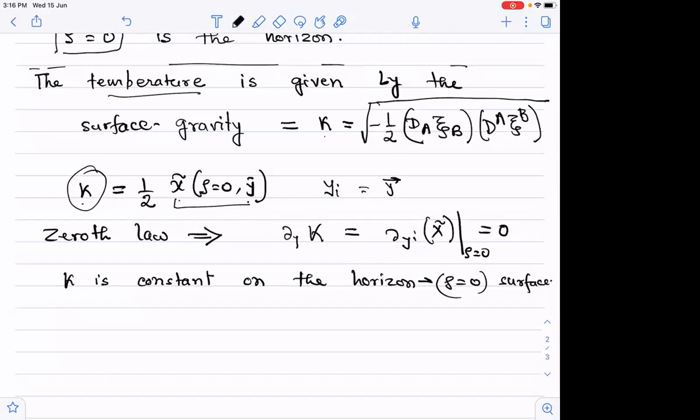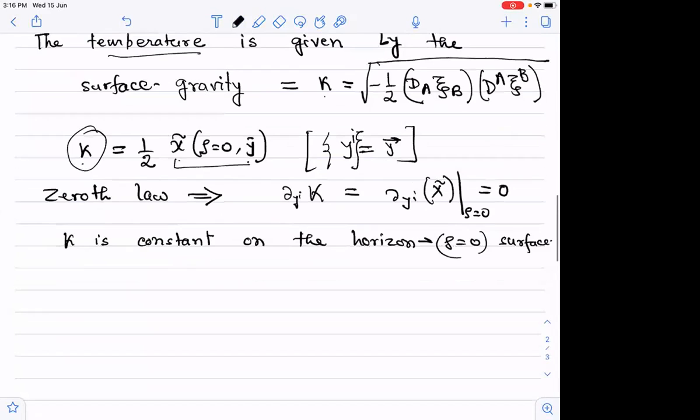That's just del y^i. So I might write y^i or just y with a vector sign. Sometimes I might use this notation, or I'll explicitly write y^i. This is okay.